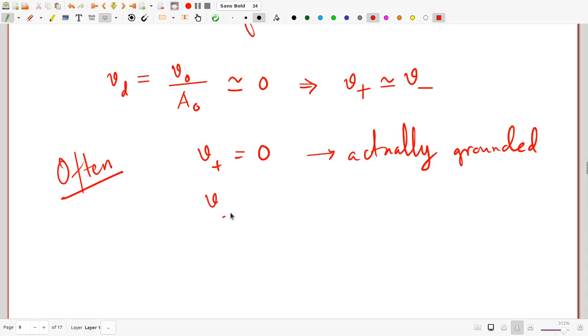And then V minus would be very nearly 0 because it's not actually grounded, but because of this fact that VD is nearly 0. Just remember that this works only as long as the op-amp is working in the linear region. But if it is, then V minus is nearly 0 and that is called virtual ground.